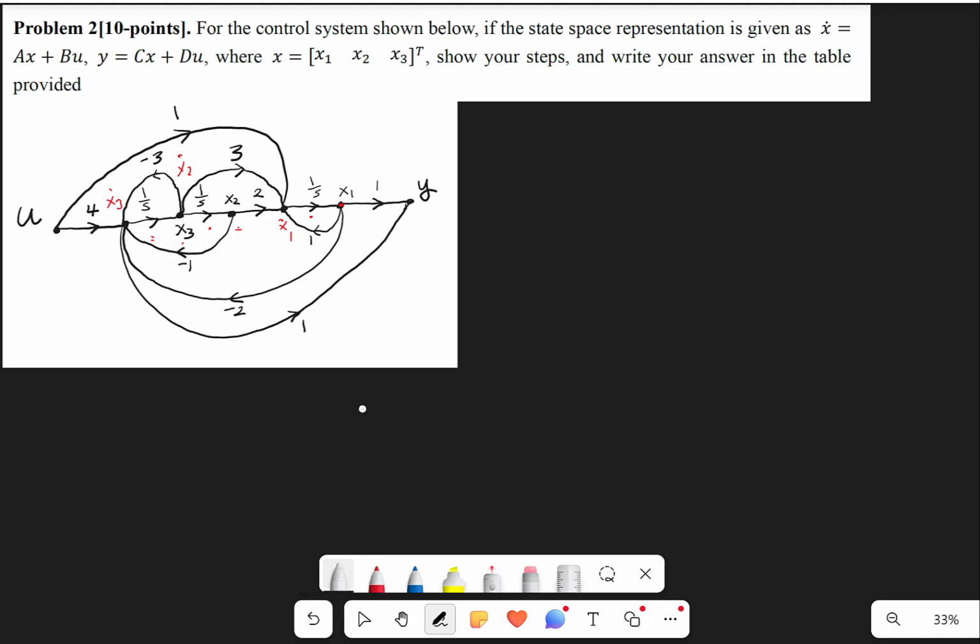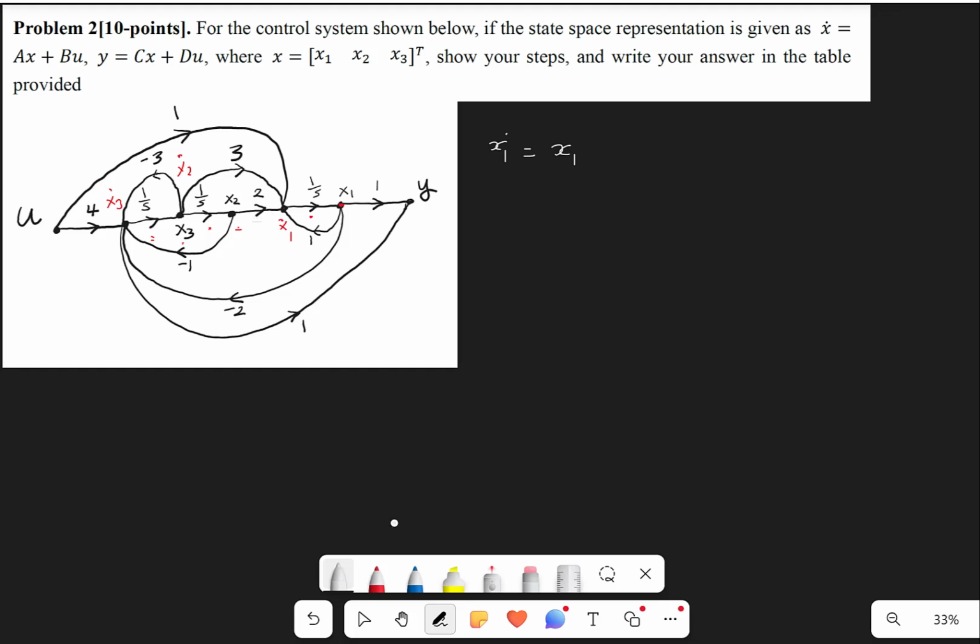So now let's write the first equation, for x1 dot. Now x1 dot equals what? The first thing here we have x1, so this will be x1.